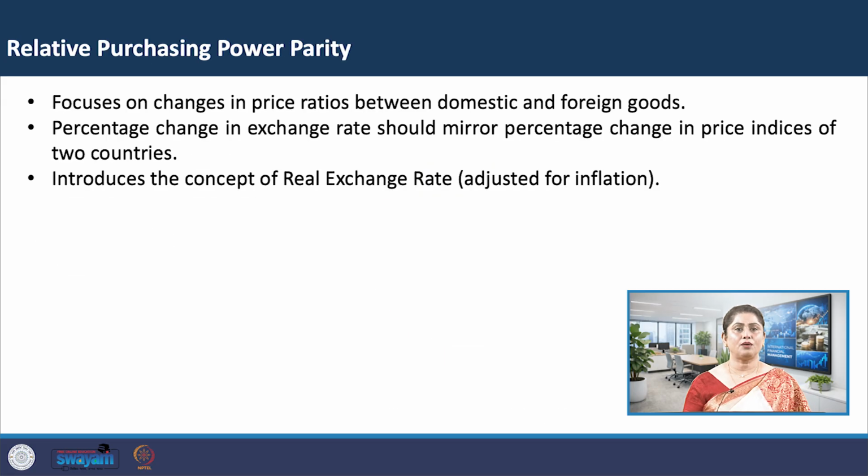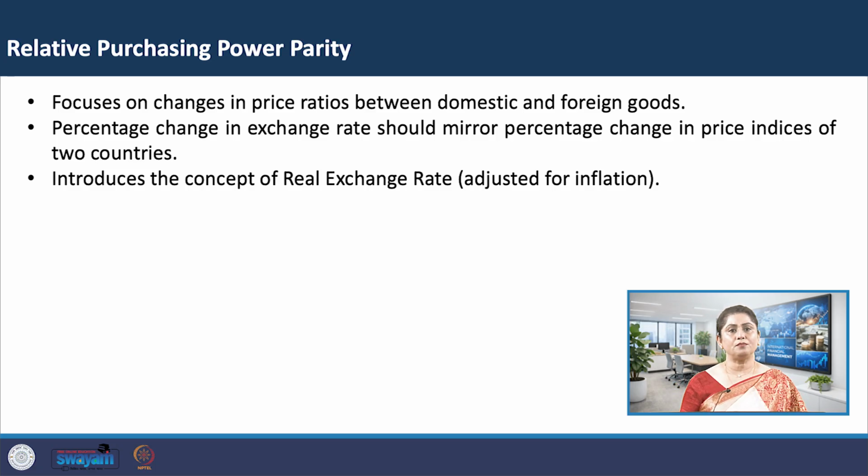But there is an even more refined version of purchasing power parity that does not compare absolute price levels at one point in time. Instead, it looks at how prices change over time in different countries. This is known as Relative Purchasing Power Parity or RPPP.